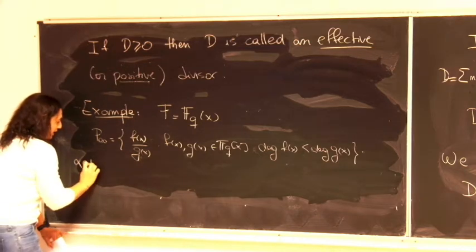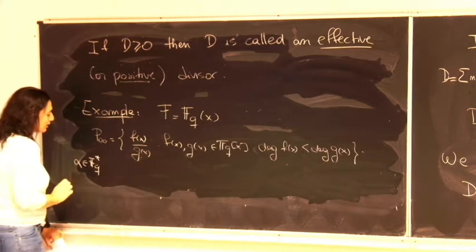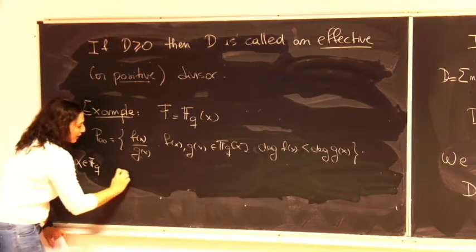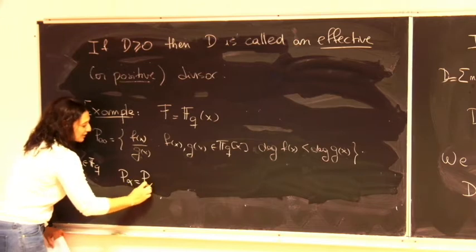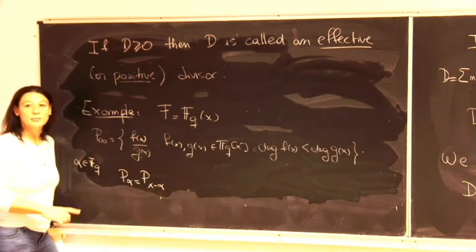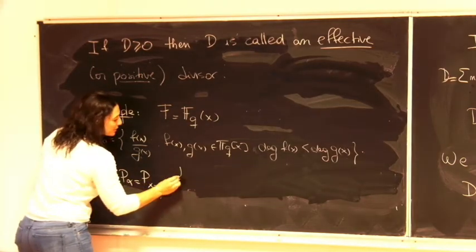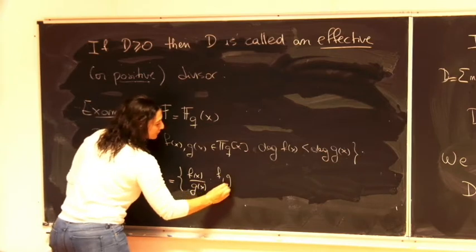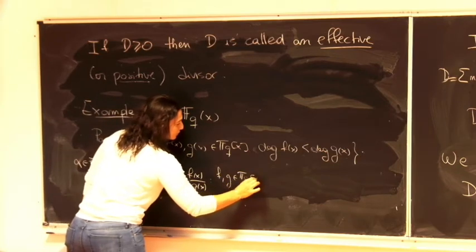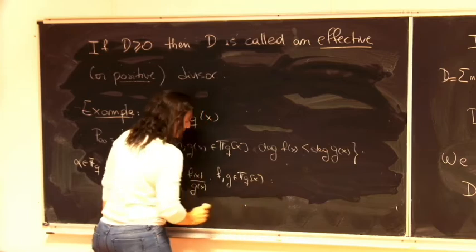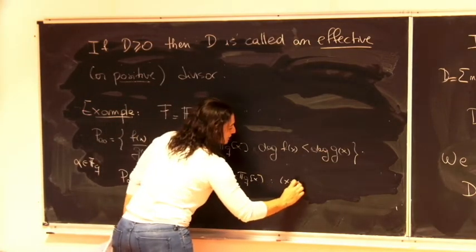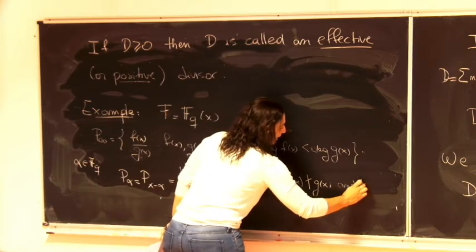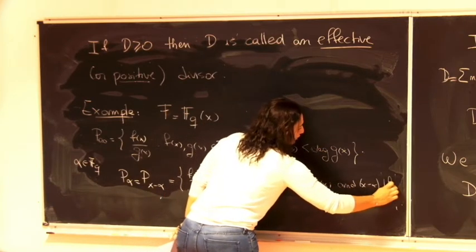So we'll pick any element α in F_q; it could be 0. And I will define P_α as the place P(x − α). This is going to be the rational functions such that x − α does not divide the denominator g and x − α does divide the numerator f.